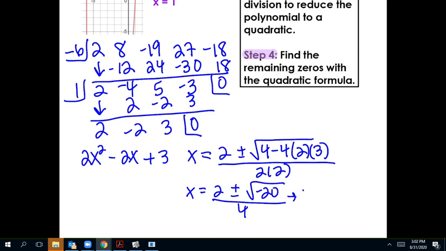And we'll simplify negative square root negative 20 to be 2i square root 5 all over 4. And our final thing is that we can simplify all of this by writing 1 plus or minus i square root 5 all over 2.